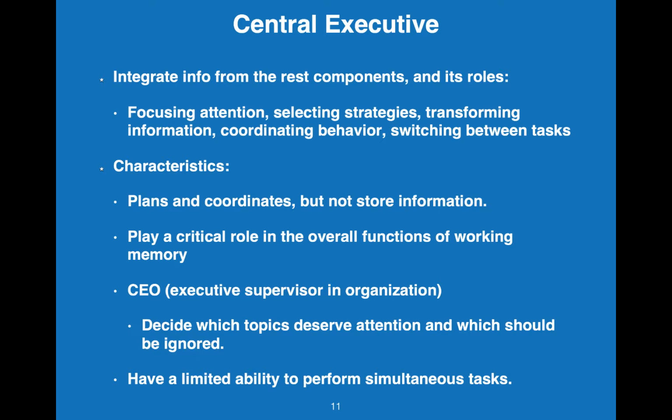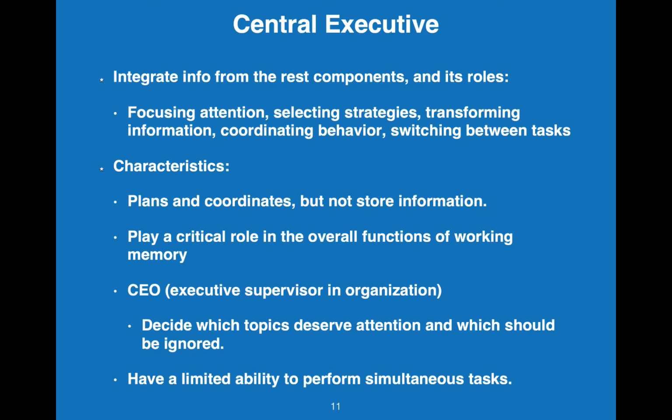The central executive has a limited ability to perform simultaneous tasks. So you cannot operate the central executive on several tasks at the same time. The central executive is important and complex, and it controls the deployment of attention. As I said, it works like a CEO. A CEO usually selects strategies and decides how to tackle a problem, and knows not to continue using an ineffective strategy.